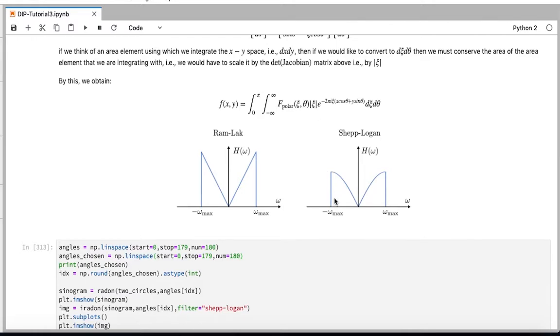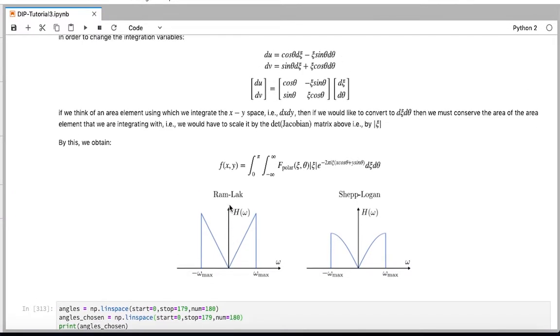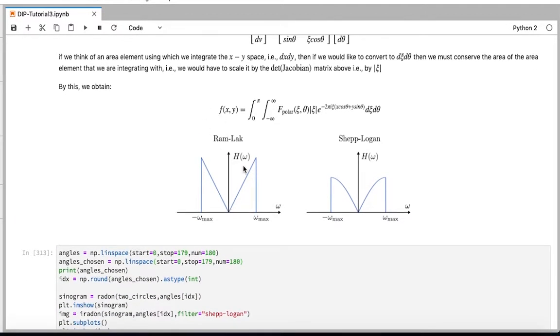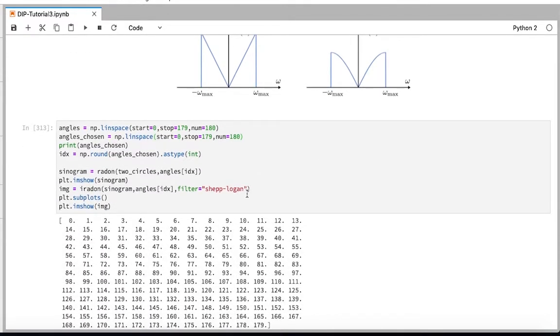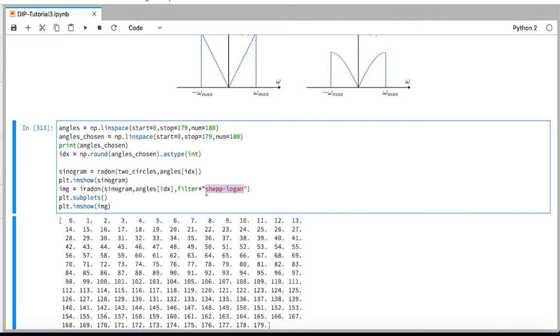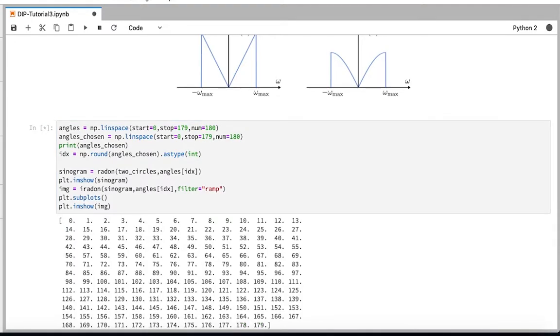So in the continuous case, let's consider this one, for example. If your frequency doesn't cross this, it's exactly the same as a normal ramp function, like a normal V. But in the continuous case it's not defined, so they try different such filters. So probably you can also try it with a ramp function.